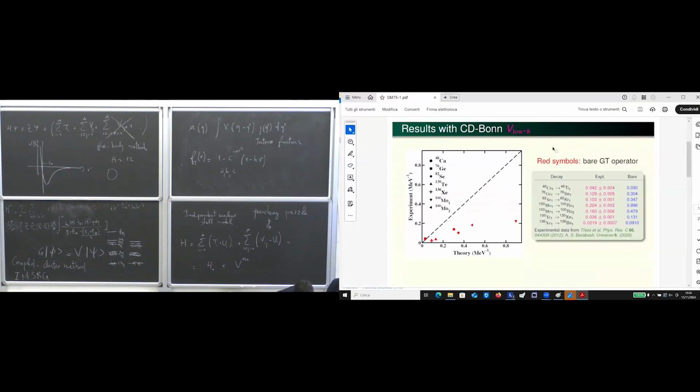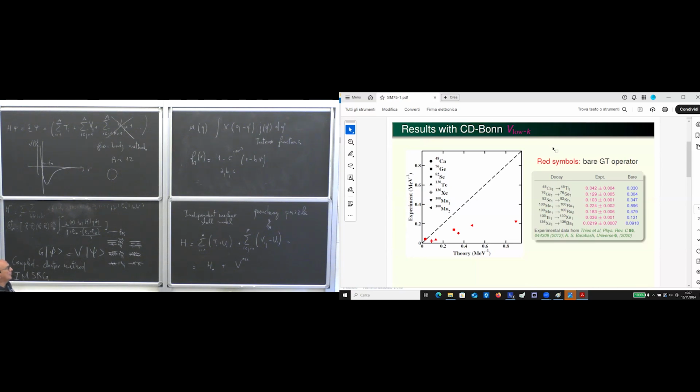Okay, so this is a correlation plot similar to the previous one, for nuclear matrix elements of two-neutrino double beta decay that our group has calculated using the approach of constructing effective shell model Hamiltonians and effective operators from realistic forces.